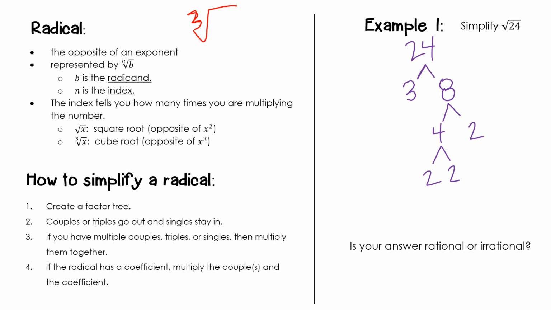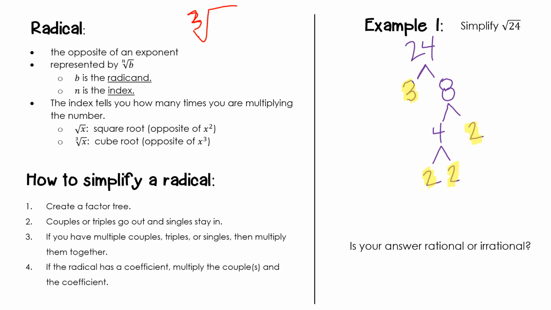So at the end of the problem, I end up with 4 different factors: a 3, a 2, a 2, and a 2. Okay? The 4, because I broke it down, that's not one of my final factors in this problem. And same with the 8.